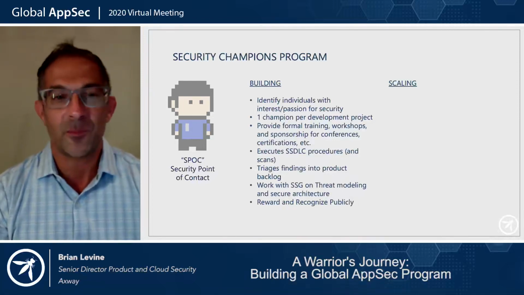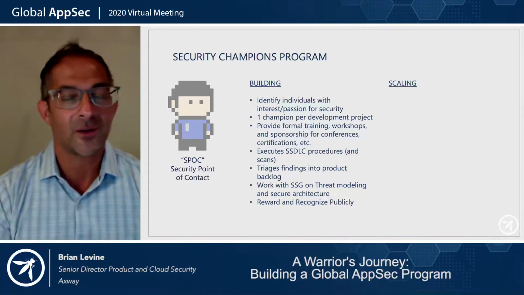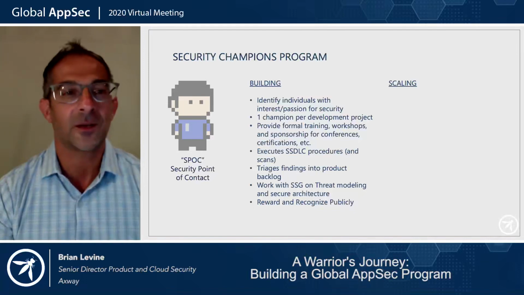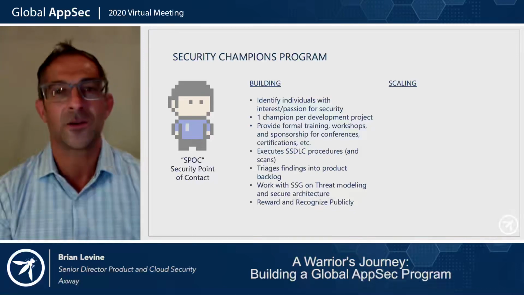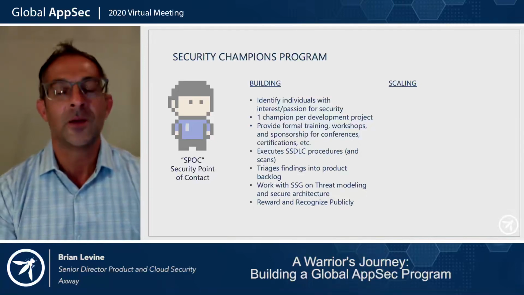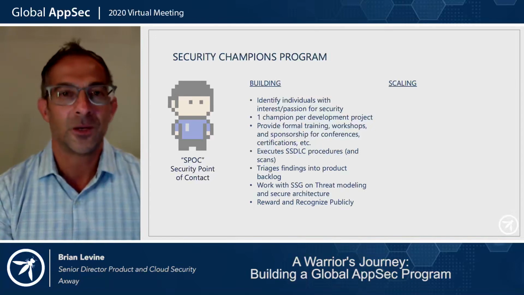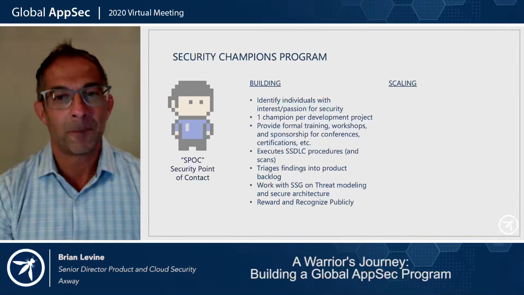Volunteers work a lot better than voluntold. So it's always better to find the folks that are already coming to you asking about security topics, asking about privacy, raising security issues, coming to you with challenges and things to work on already. Those are the folks you want to identify and name as your security champions.